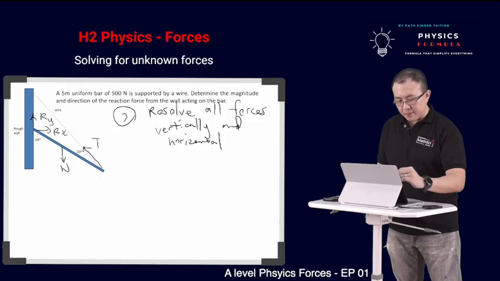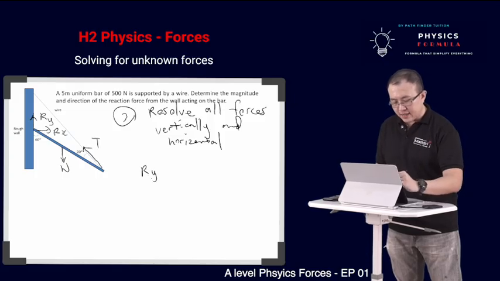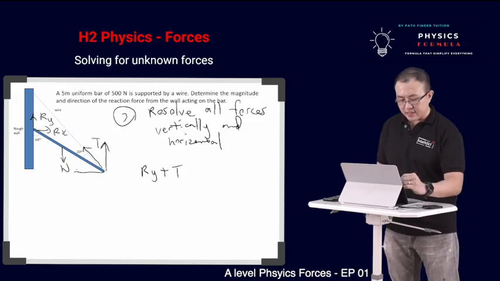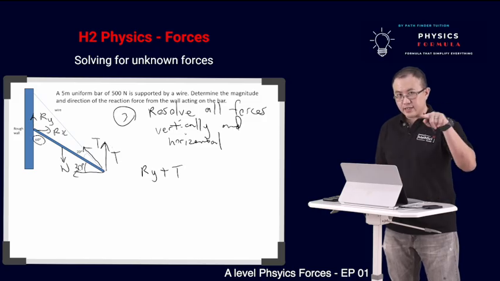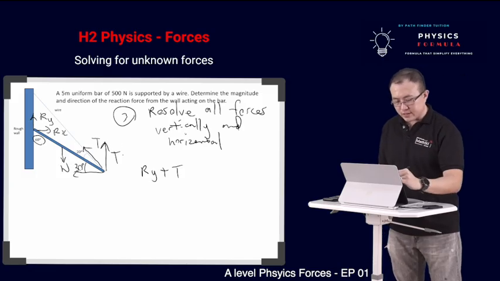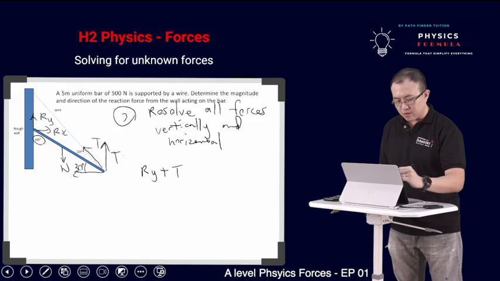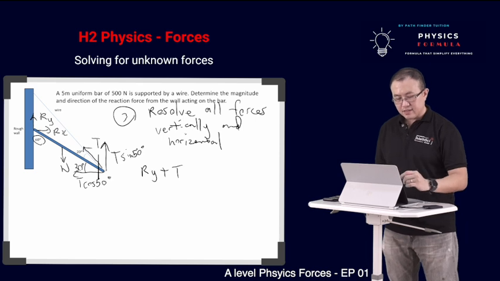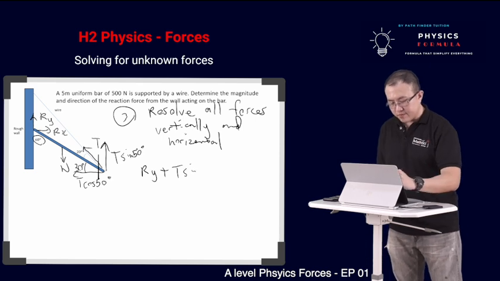For the vertical part, I have Ry plus T, the tension has an upward component. If I resolve this like that, this angle here is actually 30 degree because it's 60, right angle triangle, 60, 30, that's 30. Total will be 50. So this will be T sine 50, then this T cos 50. The up one will be T sine 50.